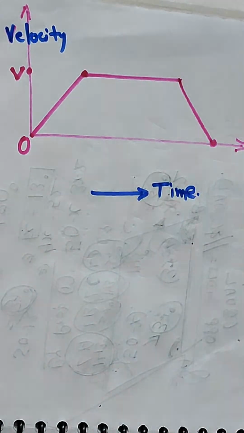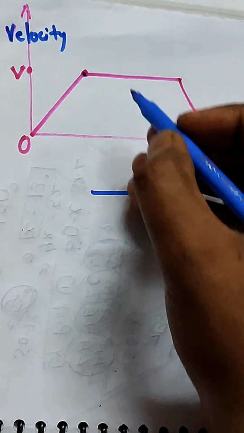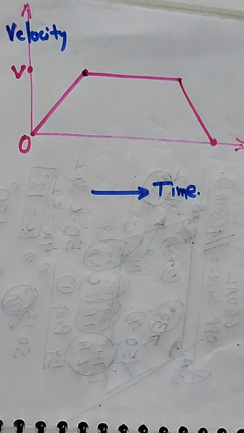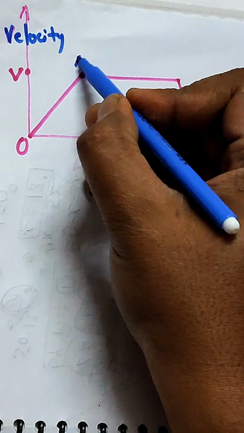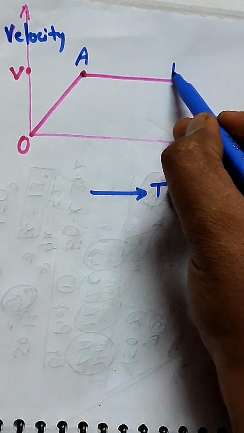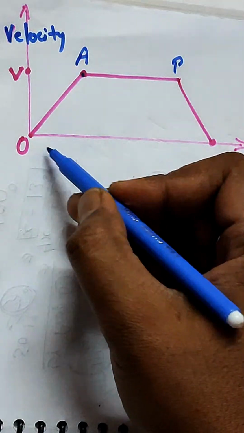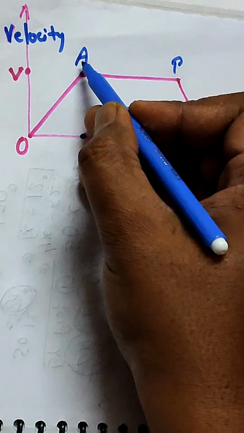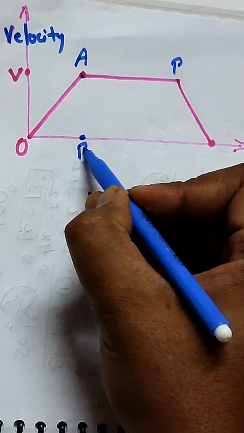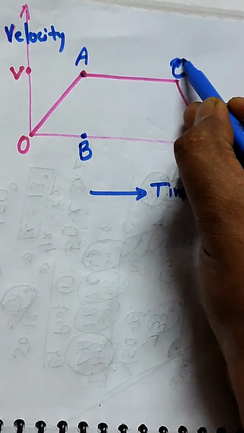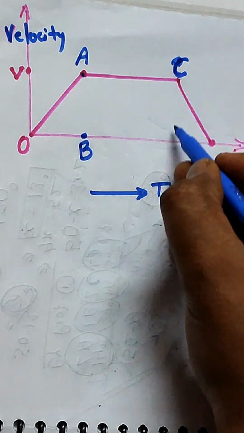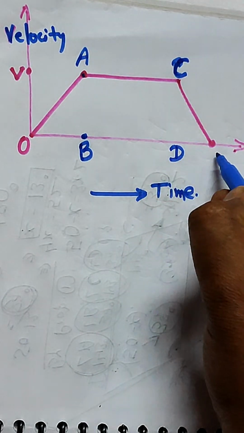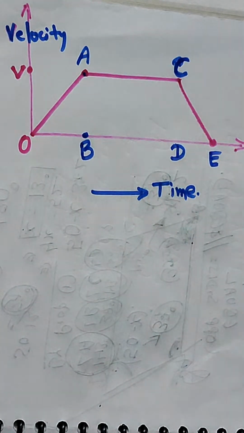Then you can see from O to a certain point, let's say it's A, and from A to B, this is the timing. Then on the x-axis, parallel to A is B, and let's say it's C, and parallel to C is D, and here it's E.